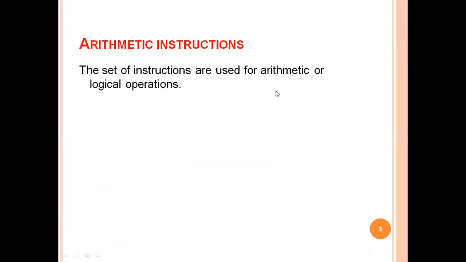Now see the instructions. First comes the arithmetic instruction. Now what is an arithmetic instruction? In the arithmetic instruction, the set of instructions are used for arithmetic or logical operations.